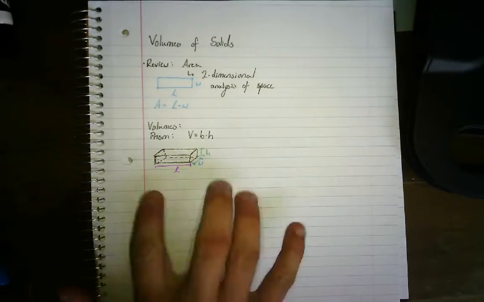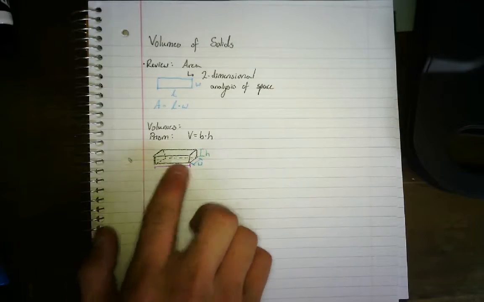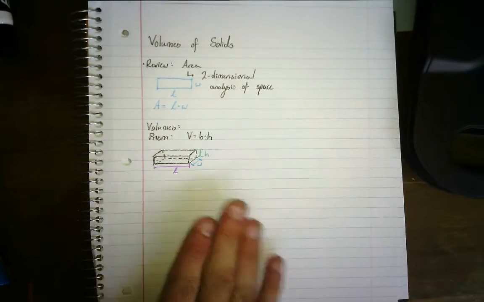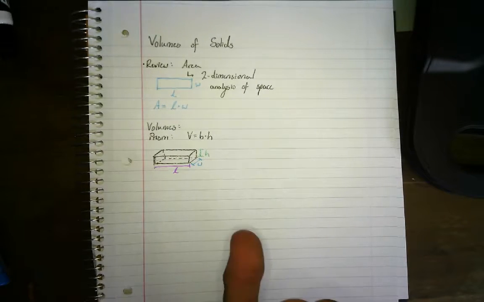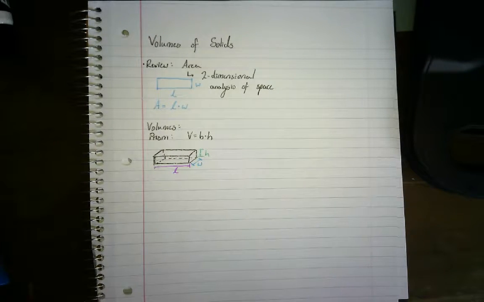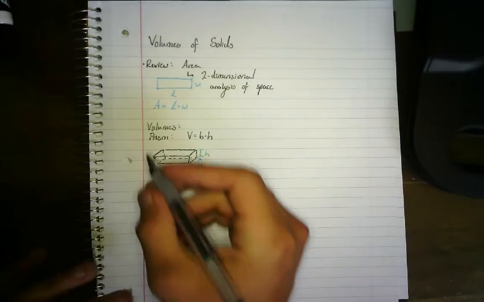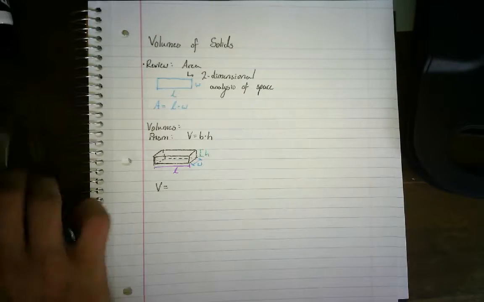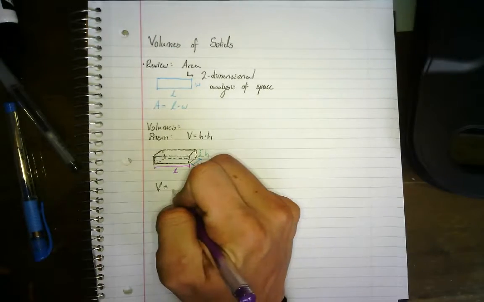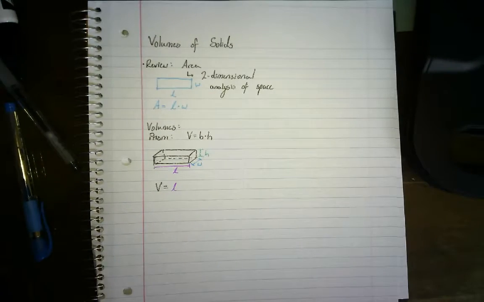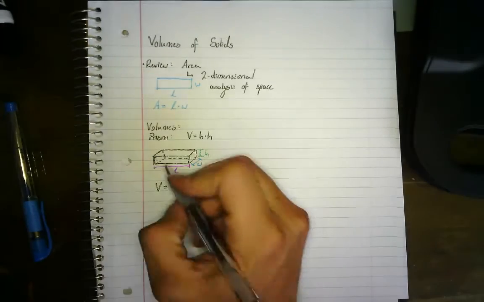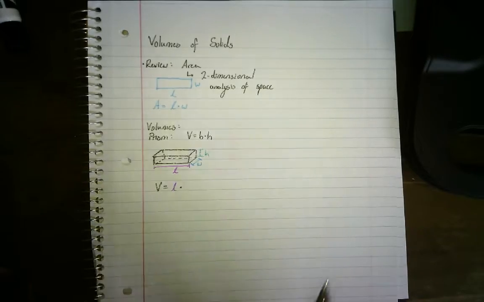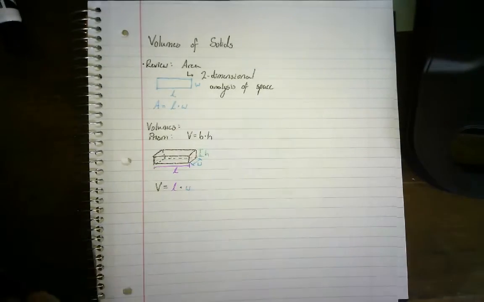So our base is that length times width. It's establishing what is the two-dimensional cross-section of this thing, and then we're multiplying it by that height. Okay? So if we wanted to show the volume of our prism in terms of these three values, it's the length times the width times the height.